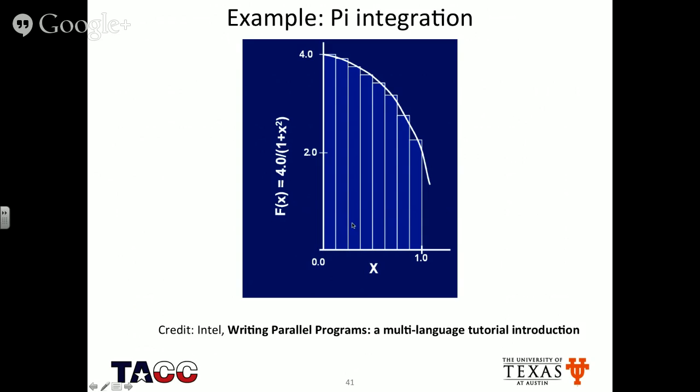Say the first two are done by the first task, and so on. This is a common example you see in parallel programming, because pi is pretty easy to subdivide. We have OpenMP examples, and OpenMP plus MPI examples, because you're subdividing in one dimension.